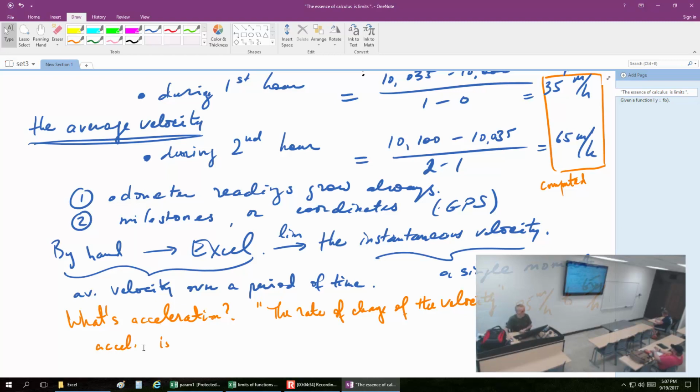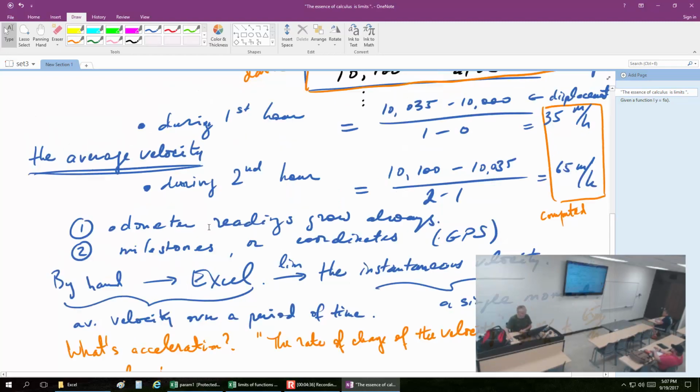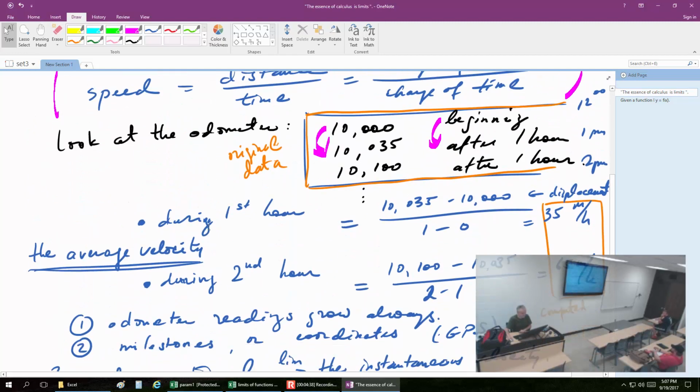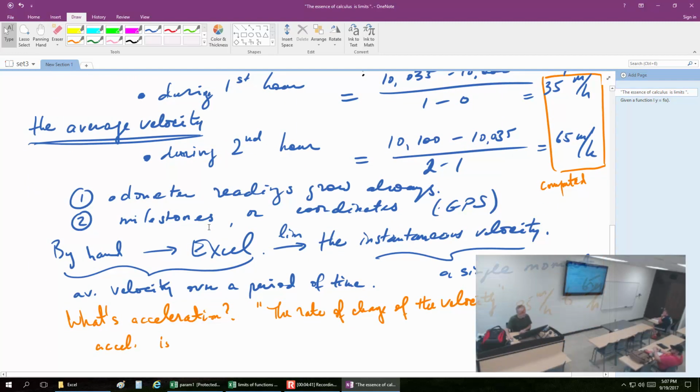We don't really want to look at the location. We want to see what has happened to the velocity, and it has changed from 35 to 65. In the first hour, 35. Second hour, 65. This is actually a 1-hour period for the acceleration. Roughly speaking, we decide that in the middle of the first hour the velocity was 35, and in the middle of the second hour 65.